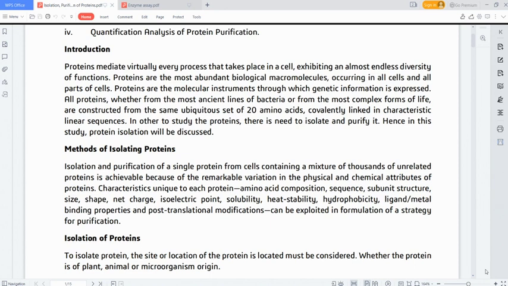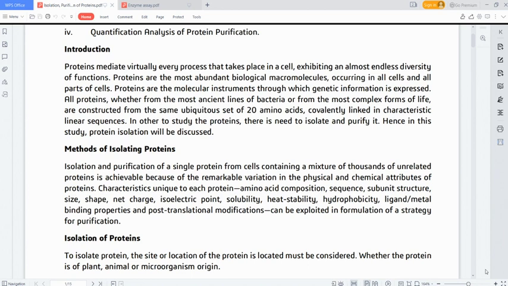Okay, now that's what I just explained. The physical properties and the chemical properties of proteins vary from one protein to the other. So for you to actually isolate this protein, you must know these characteristics of these properties we are talking about.